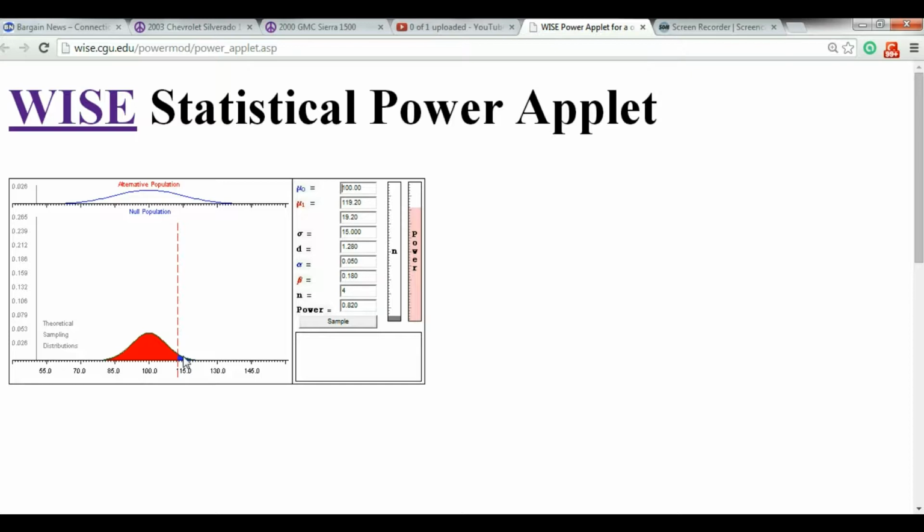So if we wind up with a sample in that blue region, we would wind up making an error, and that's called a type 1 error. Type 1 error is when the null hypothesis is true and we wind up rejecting it. In a court of law, that's like having an innocent defendant that we find guilty.